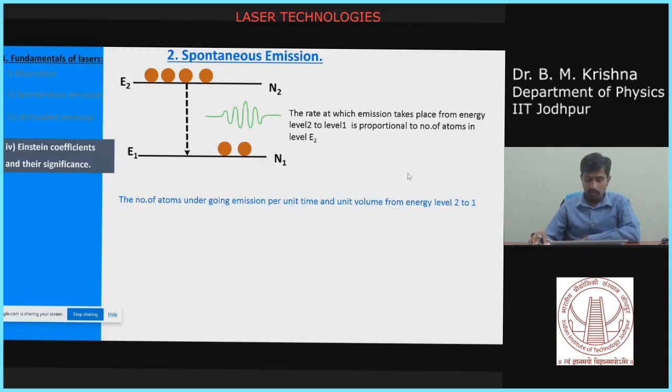So the number of atoms undergoing emission per unit time and unit volume from energy level E2 to E1 is nothing but dN2 by dt, proportional to the number of atoms N2 in the excited state E2. If you remove the proportionality constant, dN2 by dt equals minus A21 N2, where A21 is the proportionality constant.